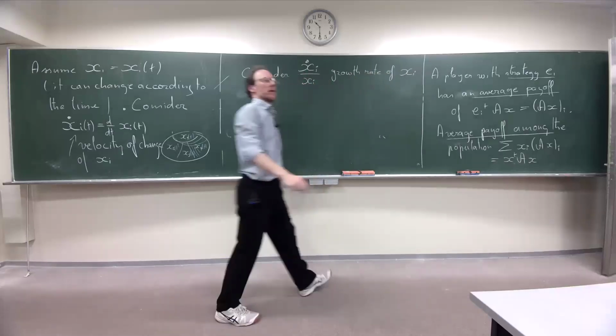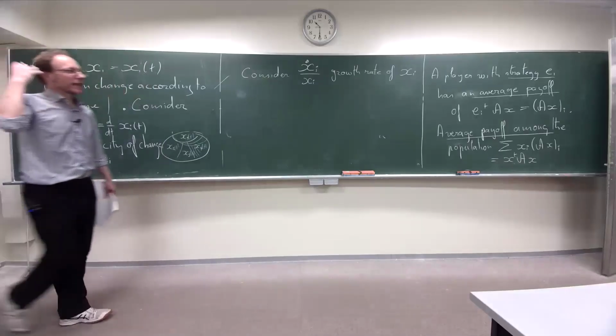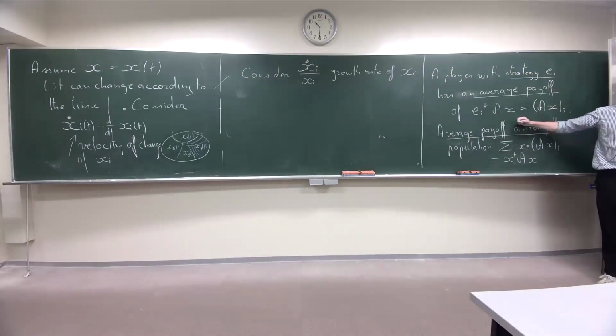And now I need an equation for this: how this growth rate evolves. So you can guess. This is a payoff for player I. This is the average payoff. If you get a better payoff than the average, you are going to increase. I mean, people want to get more. So if your strategy is a winning strategy, probably the fraction will increase. While if your strategy is worse than the average strategy, probably the number of people who want to use this strategy is going to decline.